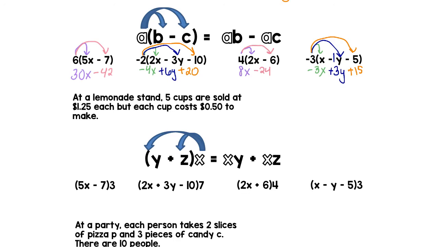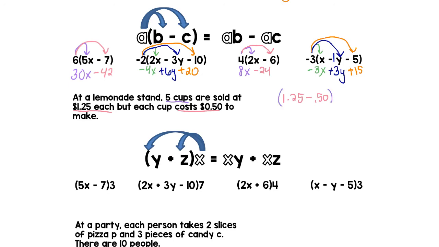Let's write out an expression that represents what we've got in this next problem. At a lemonade stand, 5 cups are sold at $1.25 each, but each cup costs 50 cents to make. So let's look at making 1 cup. We know that whoever's making these cups, little Sally at her lemonade stand, sells them for $1.25. But each cup, supplies, the cup, ice, mom's tablecloth, costs 50 cents. So that takes 50 cents out of her revenue. And she sells 5 cups.